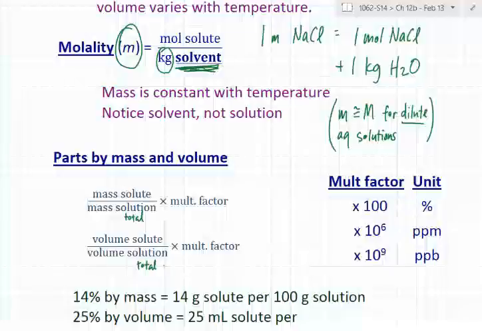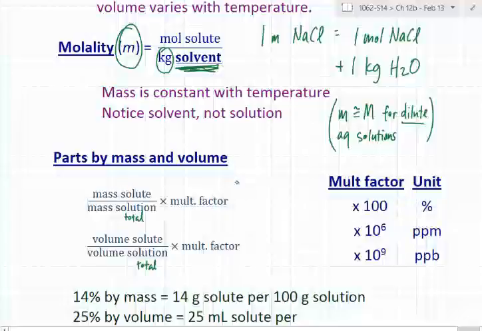But if all you did was do that, you would get some fraction out of 1. You'd be going 0 to 1, kind of like we did with mole fraction before. But typically with parts by mass or volume, we multiply it by some kind of multiplication factor to give us our actual unit. So we've talked about percent a lot before. A percent is just this, because we multiply by 100.